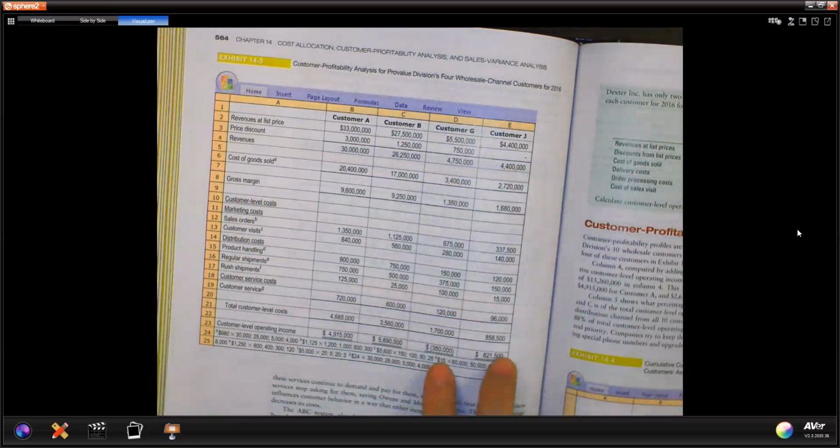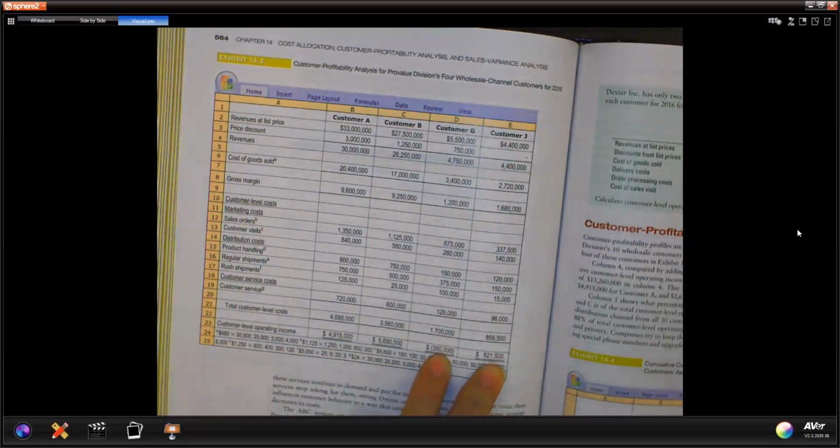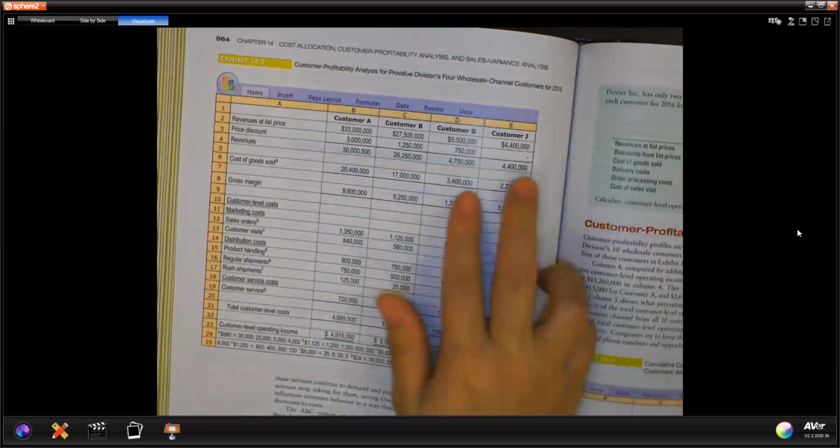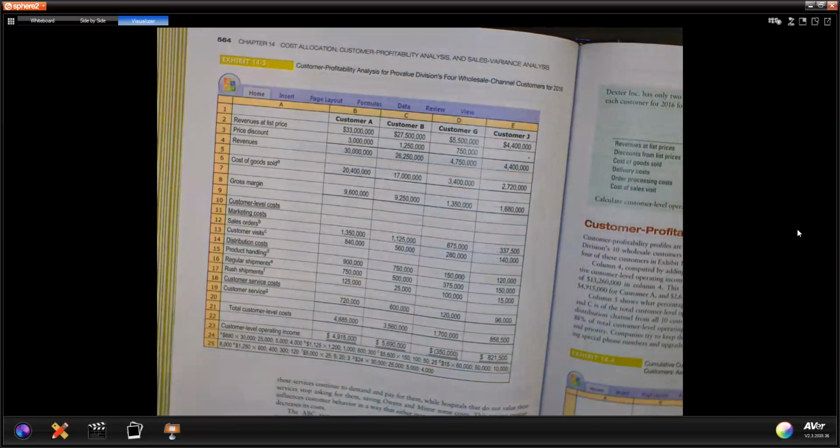Your 3rd customer, even though the revenue is almost 5 million, finally has a profitability that is actually negative, while your 4th customer has a positive profitability. So you wonder why the revenue is similar, but the profitability is so different.